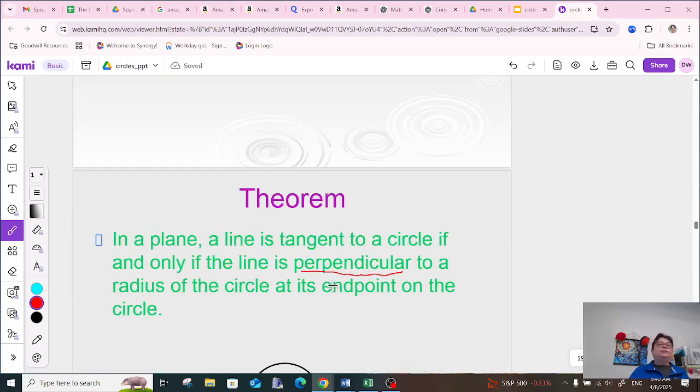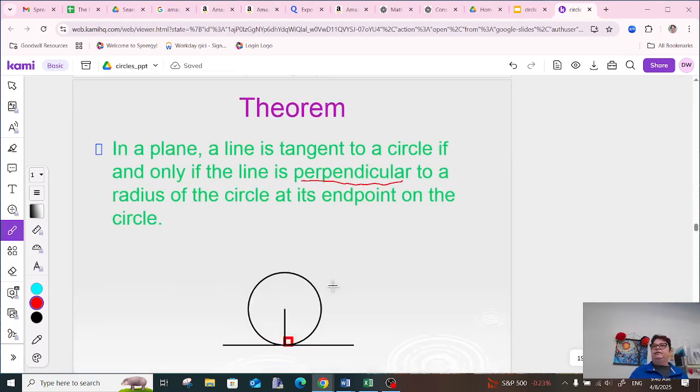Theorem. And we talked about this when we did our drawing at the beginning of class. In a plane, a line is tangent to a circle if and only if the tangent is perpendicular to a radius of the circle at its endpoint on the circle.